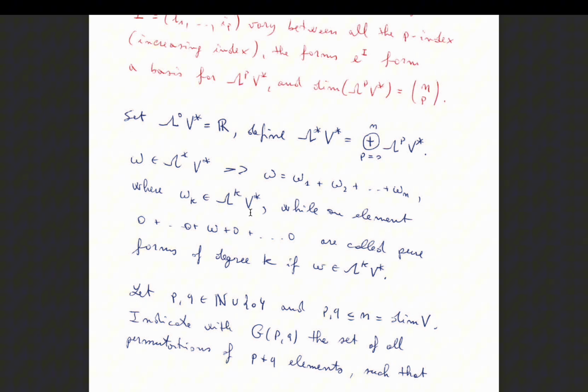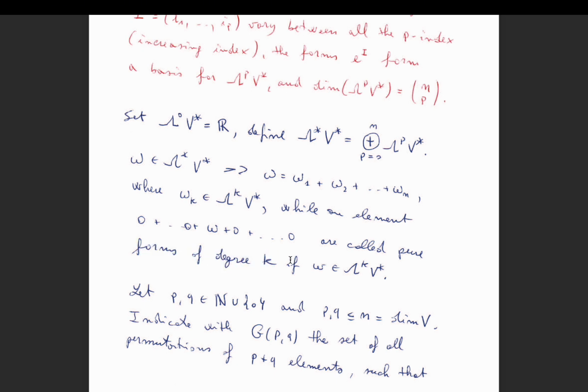An element of the form 0 plus ... plus omega plus ... plus 0, where omega is in lambda k of V, is called a pure form, of degree k.